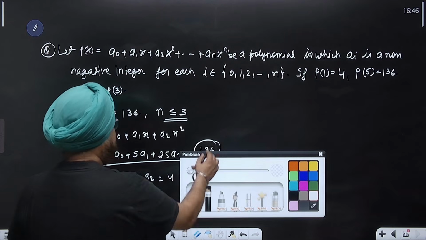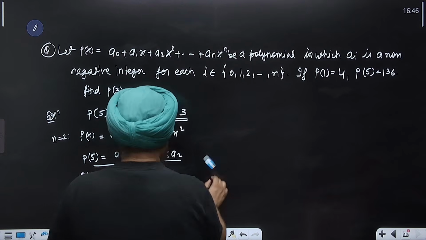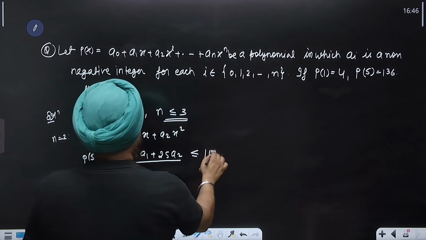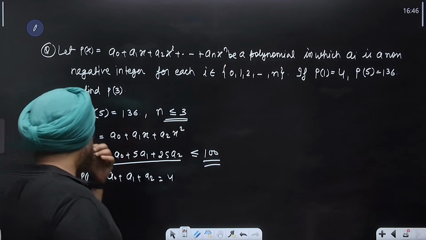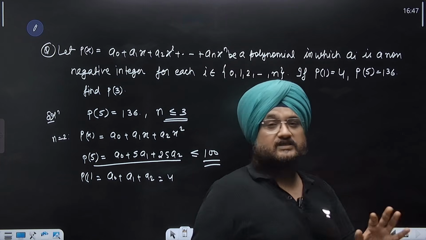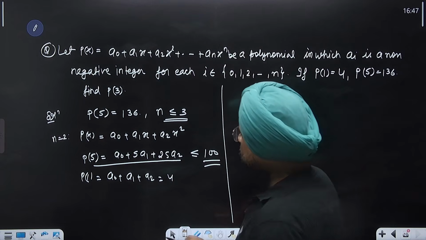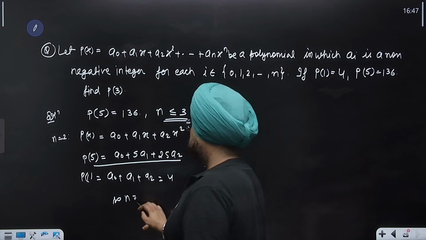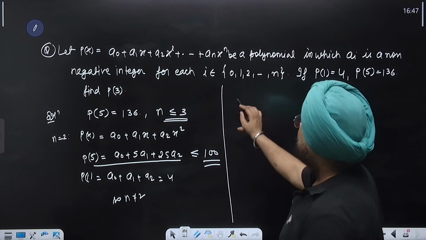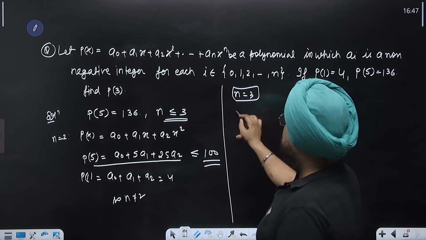So I can say that this expression is less than or equal to 100. But we are given that the value of P(5) is 136. So n cannot be equal to 2, n cannot be equal to 1. So the only possibility is n is equal to 3.